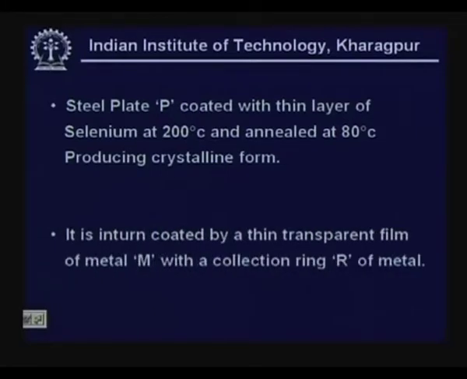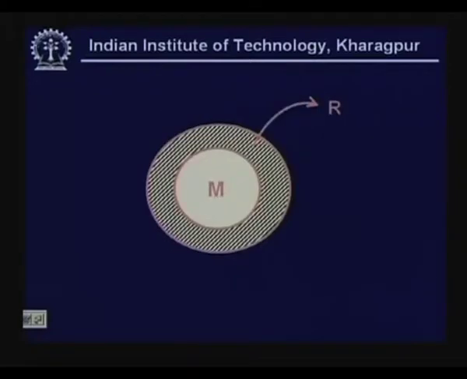Then in turn we coat it with a thin film of metal, and there is a collection ring of metal. See, the first coating M is transparent, whereas the outer ring is not transparent. Okay. So, this is how it looks.